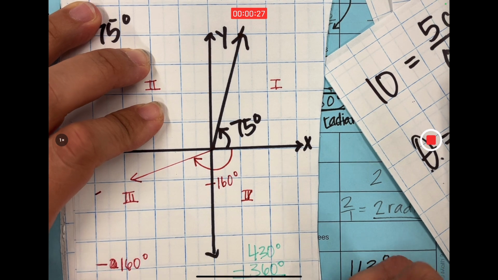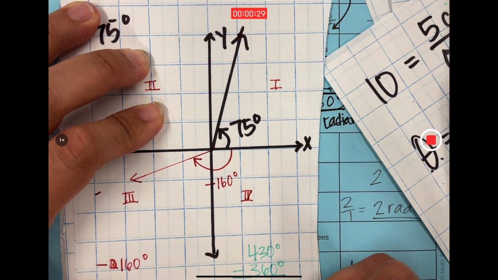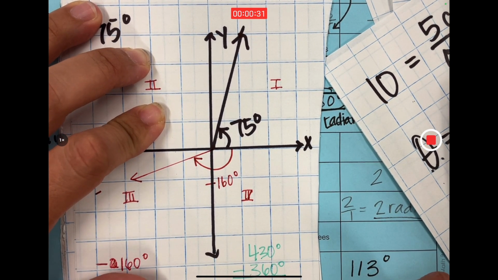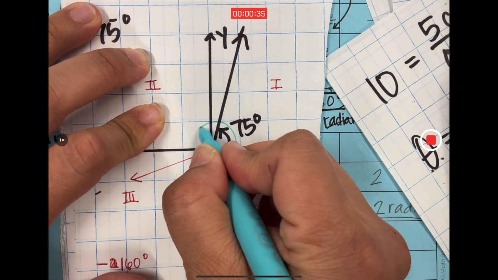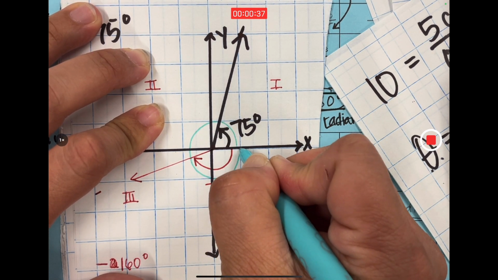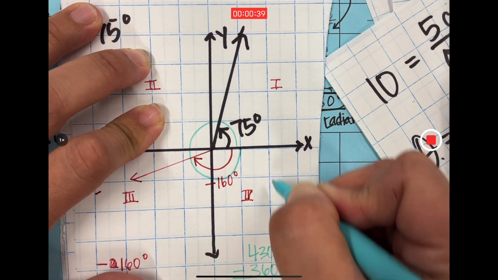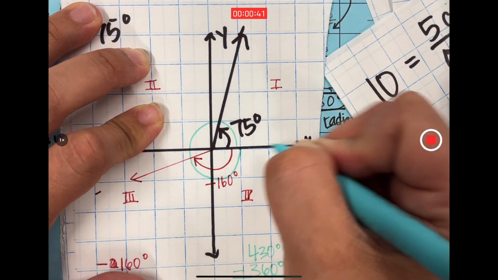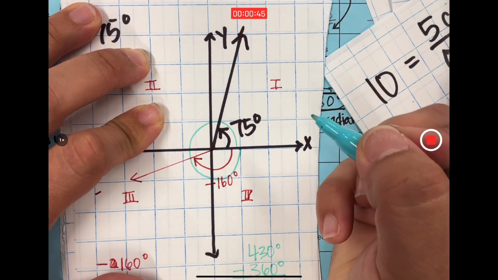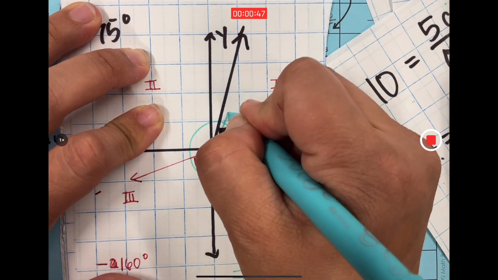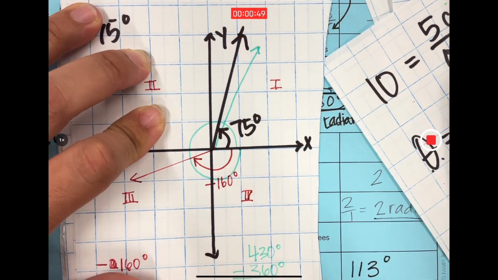So if you subtract this, what do you get? 70. Yay! So we're going to go to 70 degrees from the initial. It's going to go all the way around and then go a little more. 70 degrees. So it should be closer to the x-axis than the y-axis in comparison to this 75 degrees. So it would be something like that, right?